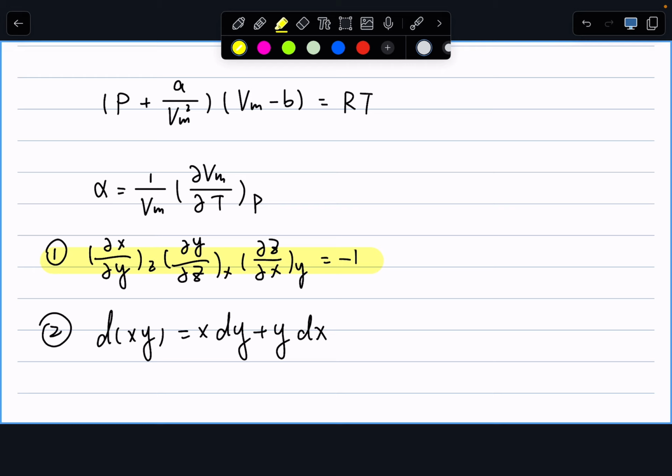So again, we're just moving the terms. Divide both sides by Vm minus B and minus A over Vm squared to find an expression of P as a function of molar volume and temperature.